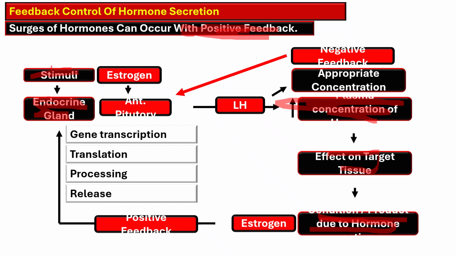Then a negative feedback starts, and the anterior pituitary stops forming the luteinizing hormone.